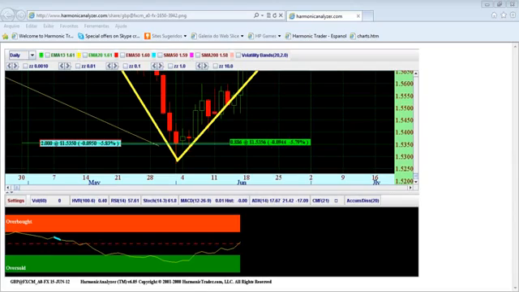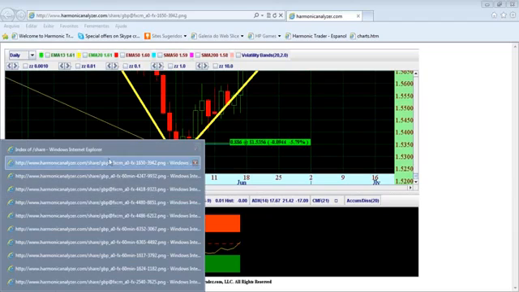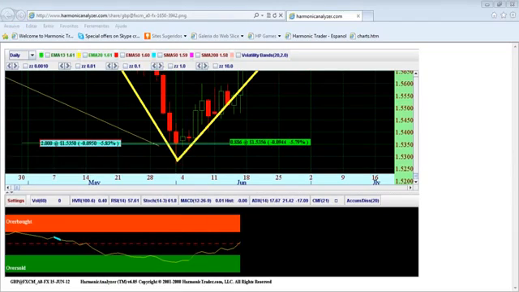But there are some important concepts that anyone and everyone must consider to understand how to utilize these patterns to profit consistently. I want to start by looking at a trade that we sent out about 2 weeks ago on the Harmonic Trader website.